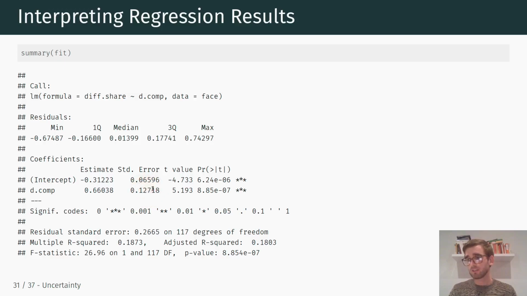And based on that standard error, we can basically, under the null hypothesis that this point estimate is actually equal to 0 in the population, we can compute a t-value.